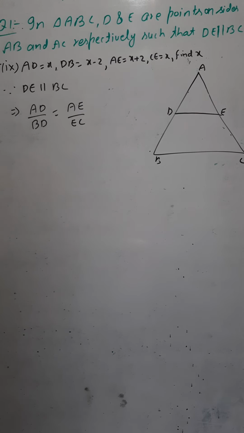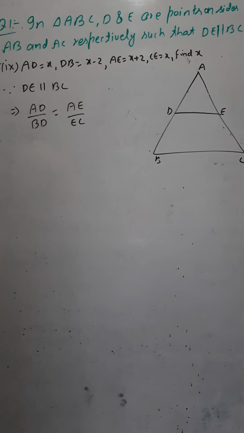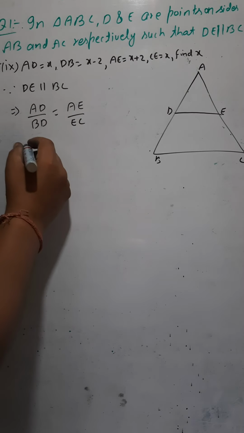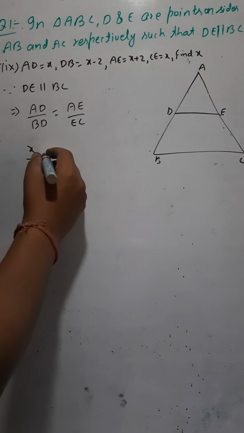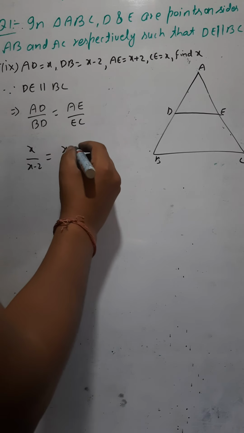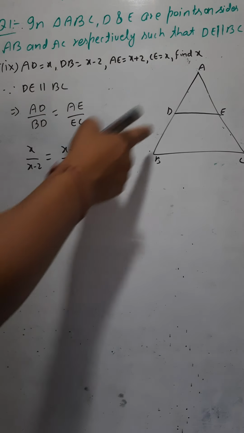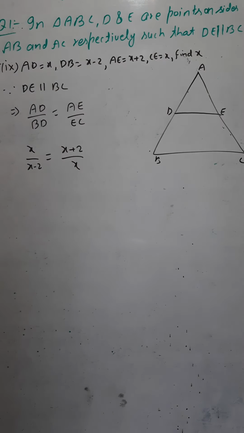Now if you see the next question here. AD has been given to you as X. So you would write X by BD, and BD is X minus 2, and it would be equal to AE by EC. AE is X plus 2 divided by CE is X. You have to find out the value of X from here. Just cross multiply.